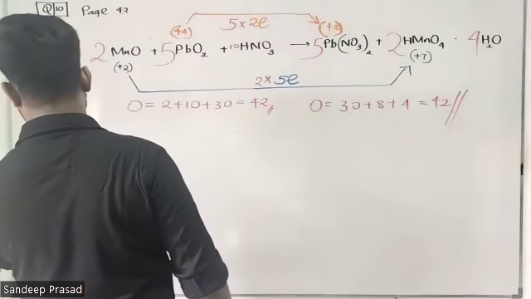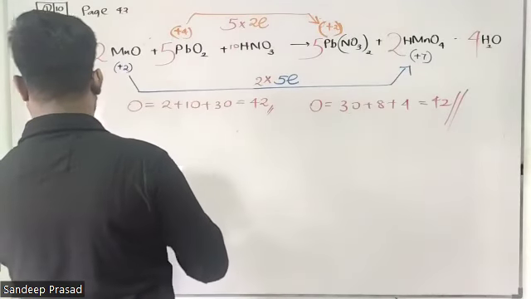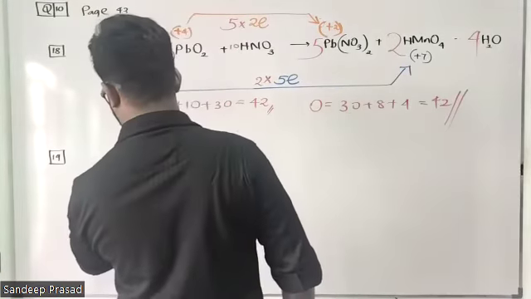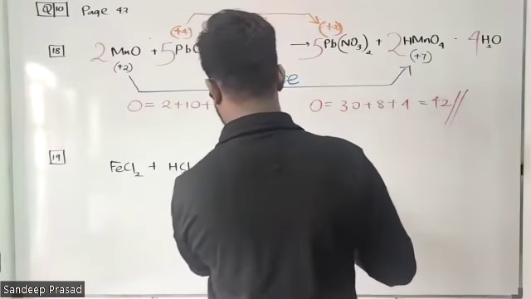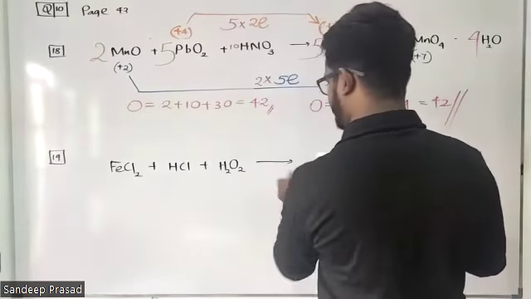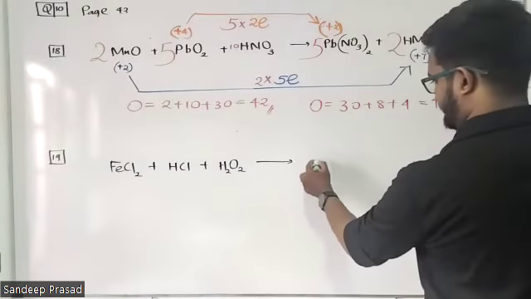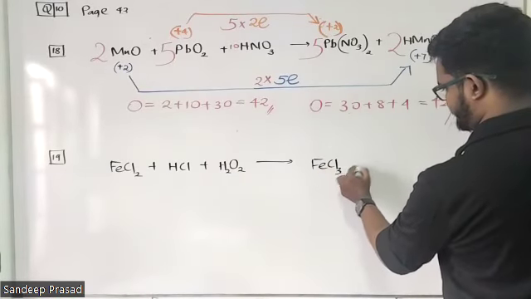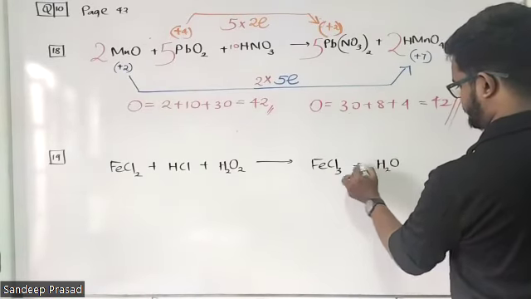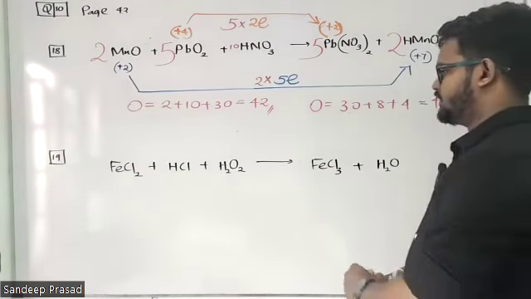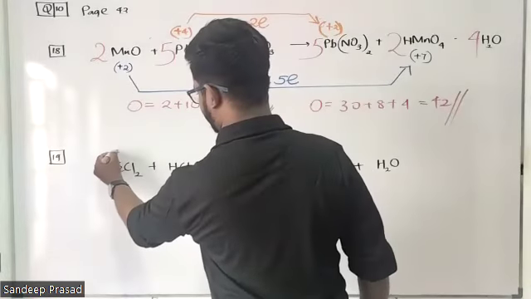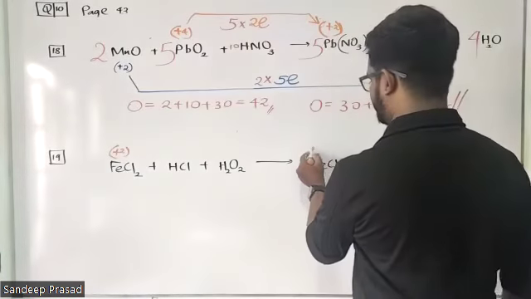So in the 19th one, we can say that FeCl2 is reacting with HCl plus hydrogen peroxide H2O2, giving us FeCl3 plus H2O. The iron atom is changing oxidation number from +2 to +3.